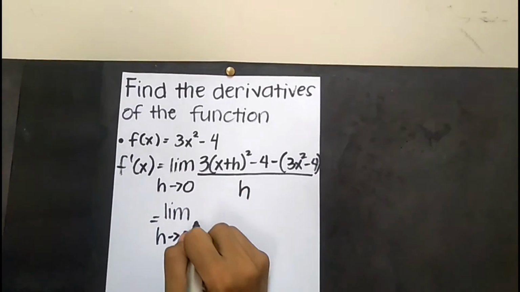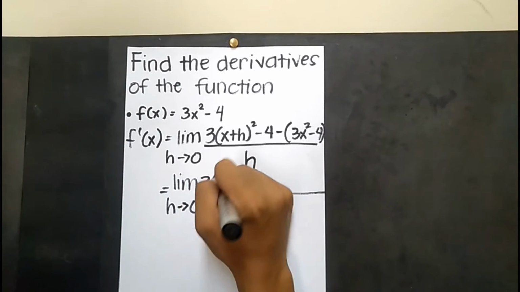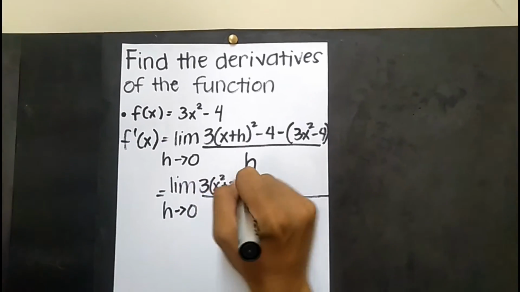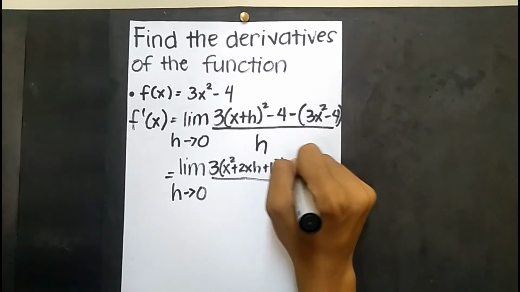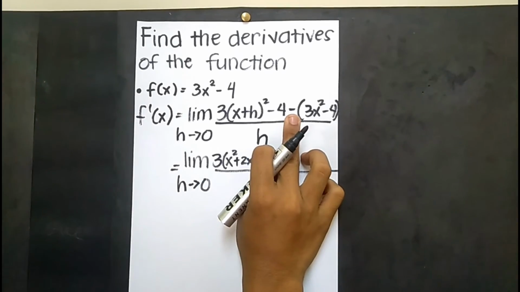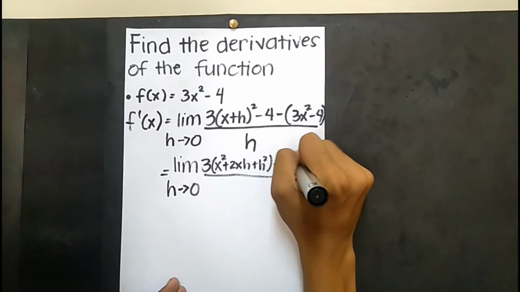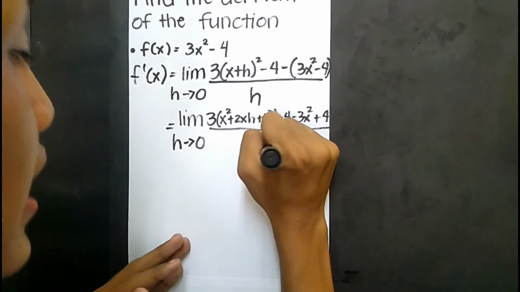Your expression would be so long. It would be 3 times the quantity of x squared plus 2xh plus h squared minus 4. Then distribute the negative sign to the expression 3x squared minus 4: negative 3x squared plus 4, all over h.